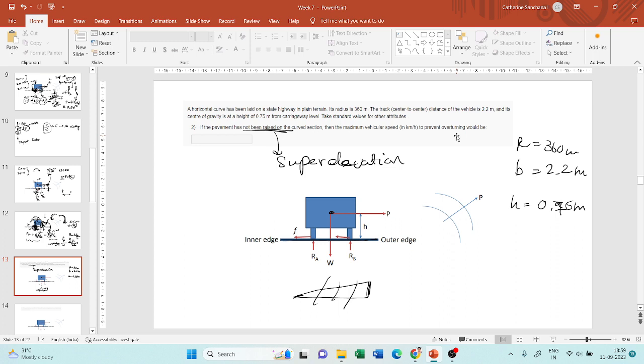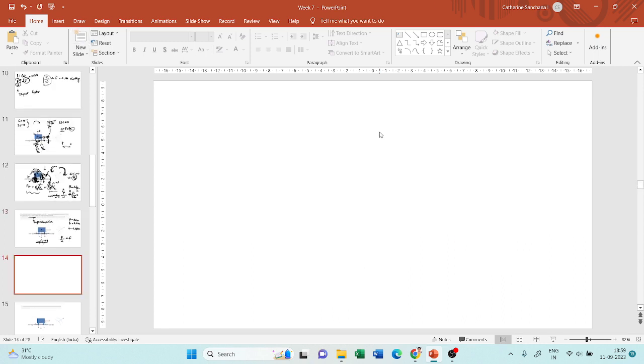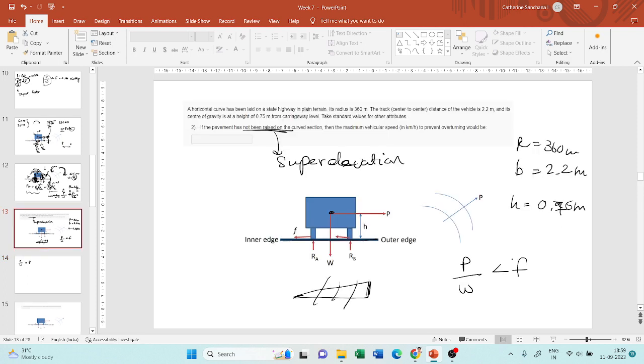We saw the criteria for overturning, right? So we saw this P by W should be less than F. Instead of taking less than F, since we have to find out a particular value, we will simply equate it. So P by W is equal to F. This is for skidding.